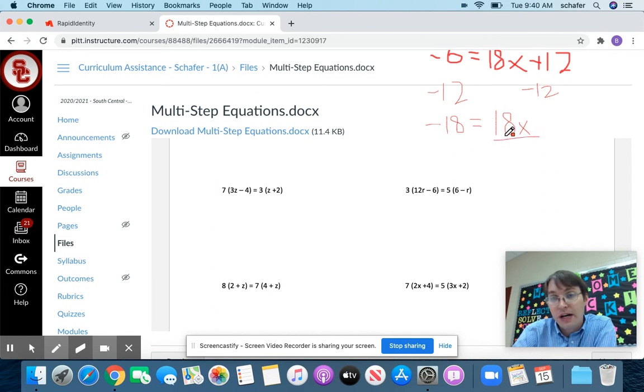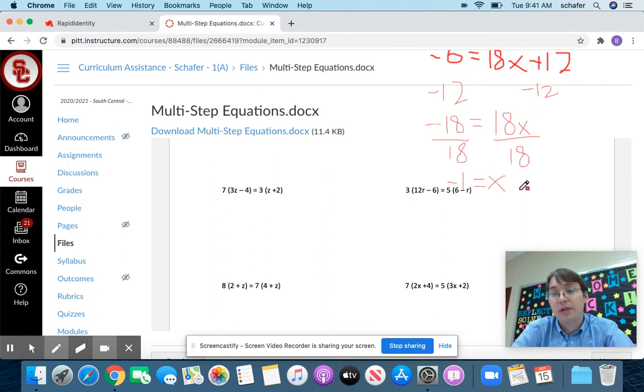So I'm going to divide by 18. What is negative 18 divided by 18? Well, any number divided by itself is 1. But if you divide a negative number by a positive number, it's still going to be negative. And so it's going to be negative 1 equals x.